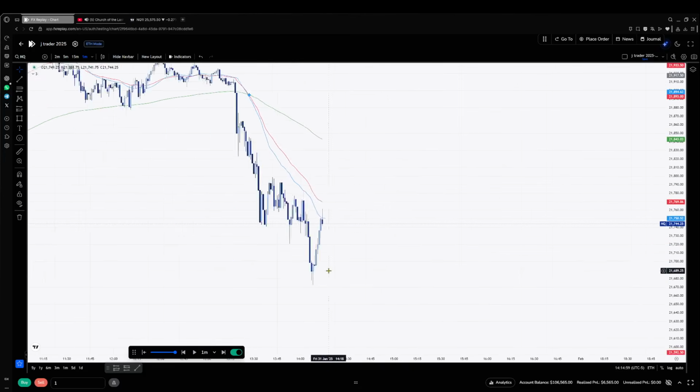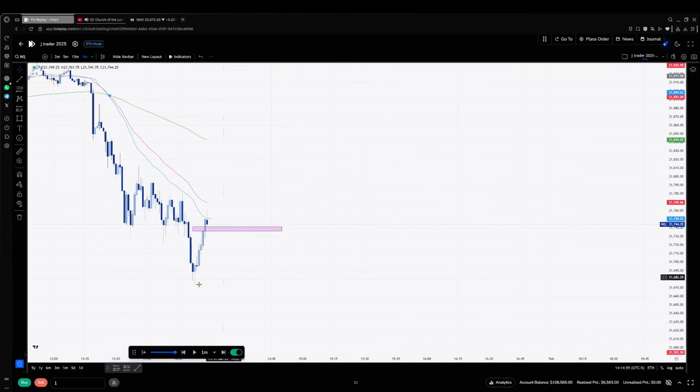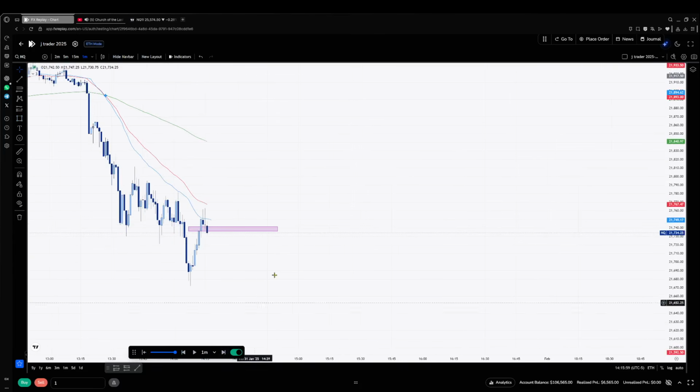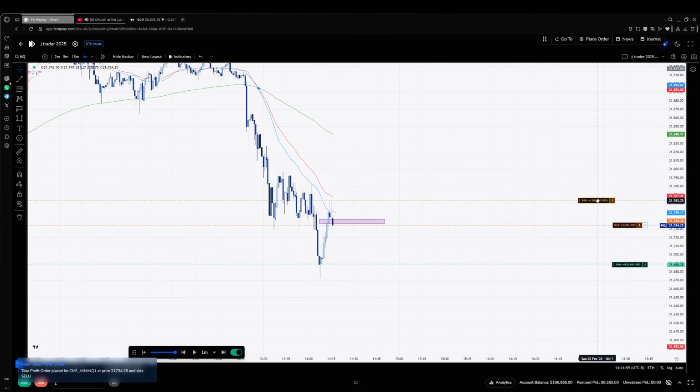This one could look good. Here we have the imbalance. Let's see what happens. Boom, it's flipped. Rejection, and the imbalance is flipped. You could sell here, looking for this candle close, and your stop loss here, or you could maybe use the EMA, but most of the time I just go for the high, right?